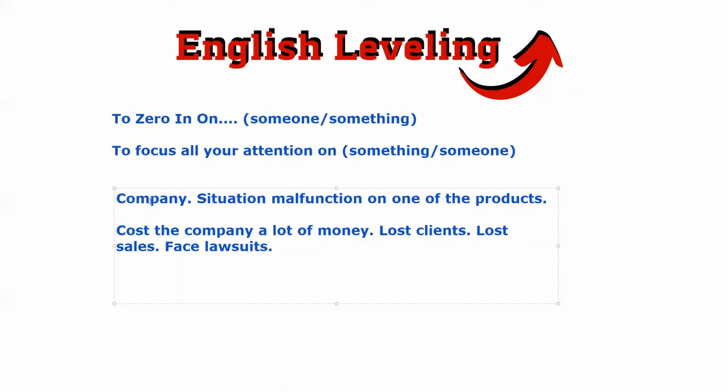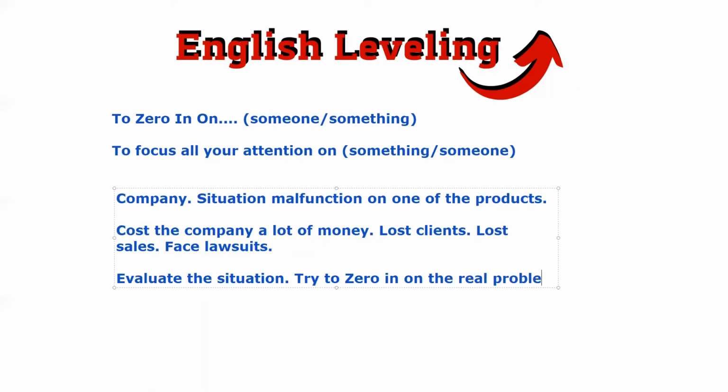They have this very big loss. And so what does the company do? Well, they evaluate the situation. And they try to zero in on the real problem, the main problem.